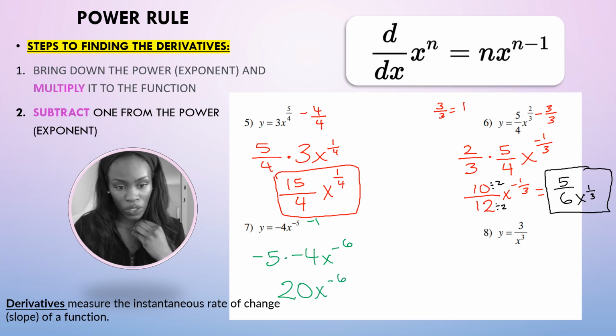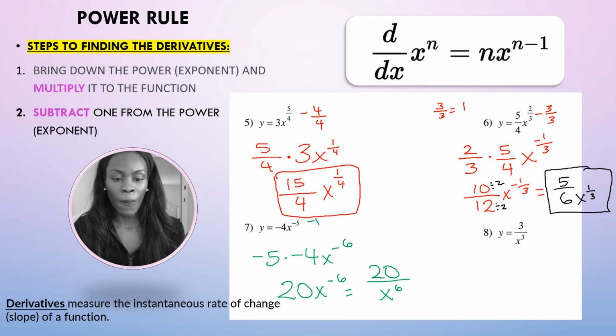If you want to write it properly where you don't have a negative as an exponent, you can just write it like this. Okay, that will be the answer.